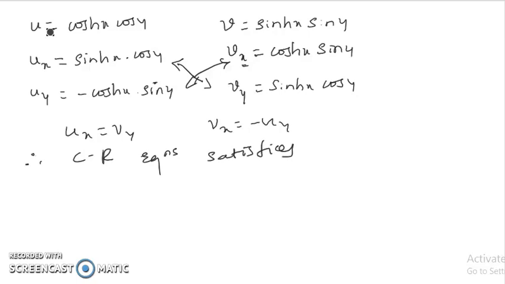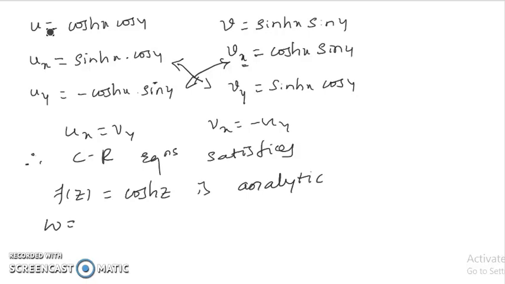So if this is satisfied, f(z), which we have taken as cosh z, is analytic. Okay, so if it is analytic, we have to find the derivative.